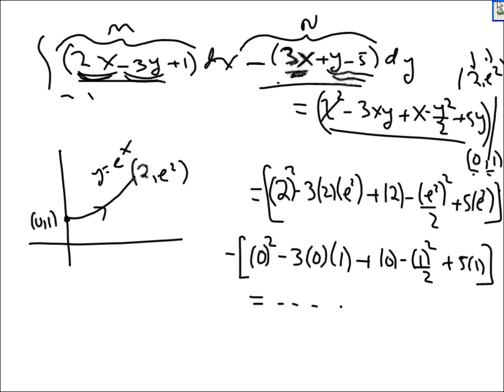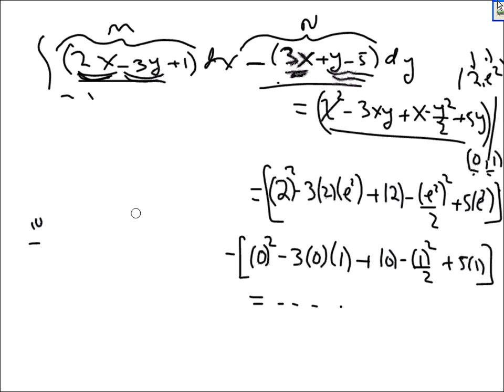Now, here's an easier one. Once you realize it's conservative, that is, once you realize that dM/dy equals the partial of N with respect to x, you want to hope for the following.